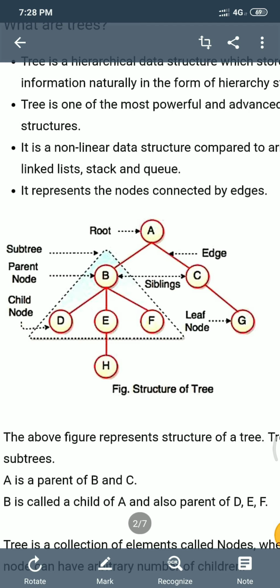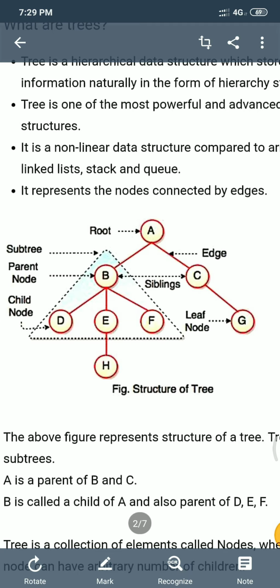B is a parent node and D is a child node, and the line drawn from A to B, A to C, or C to G is nothing but an edge. B and C are siblings, and G is called a leaf node. Like G, we also have F and D in the given tree.